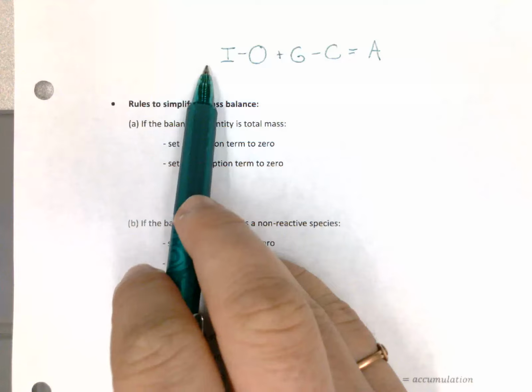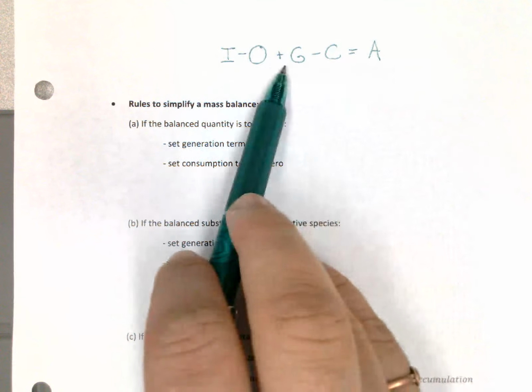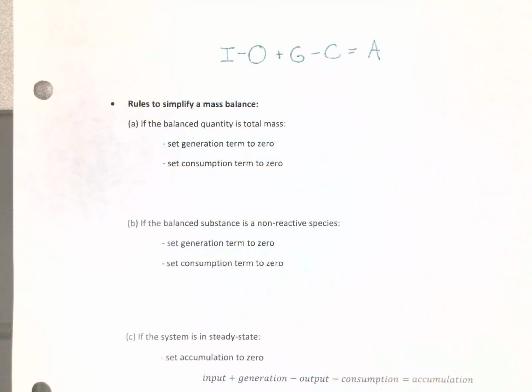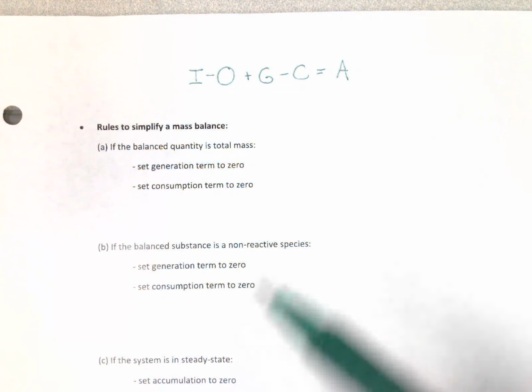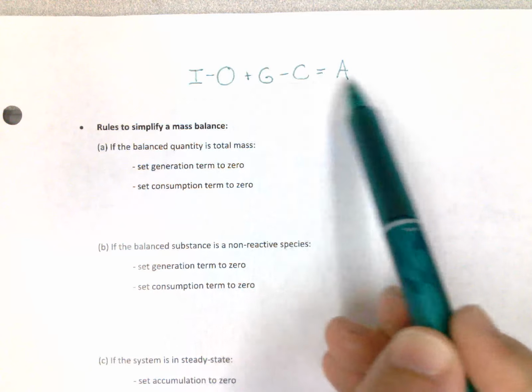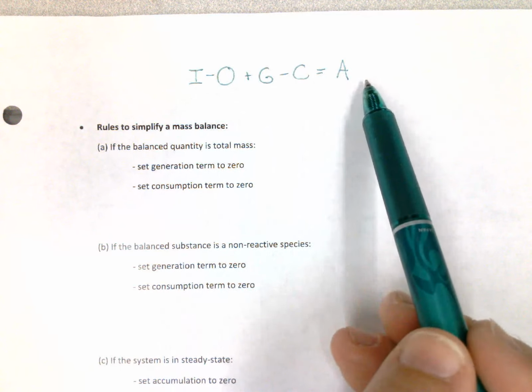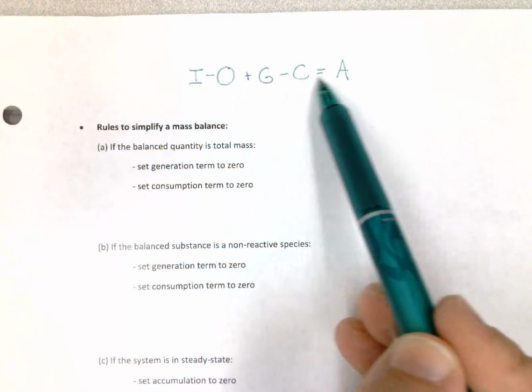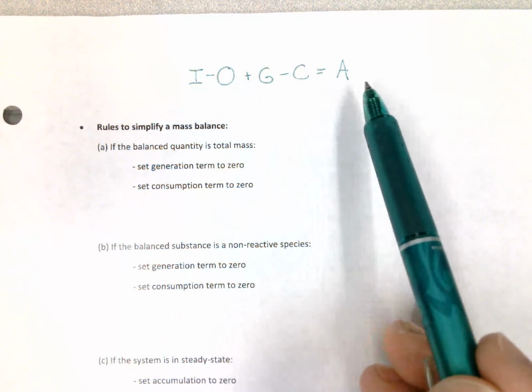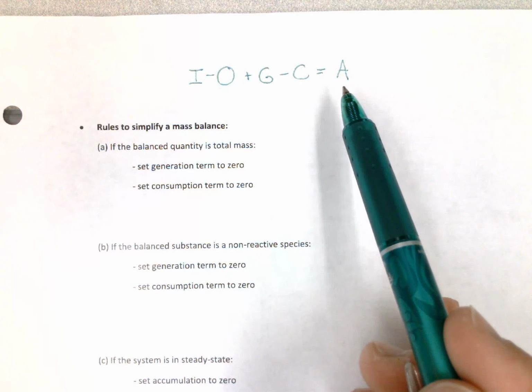And I just switched some of the terms around. As long as my signs are the same, it doesn't really matter. There's lots of different problems that we're going to encounter. And it would be really, really nice if some of these terms were zero, because it would make our lives a lot easier. So we have some rules that we can use to try and simplify this mass balance so that we don't always have 5 different terms in the system.